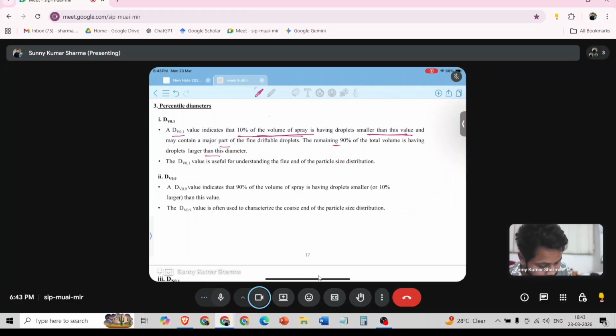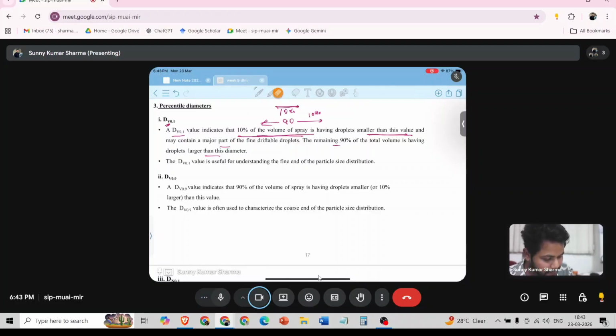So it is related to volume. If it is 90%, then 90% is on this side and 10% is on this side, regarding volume.